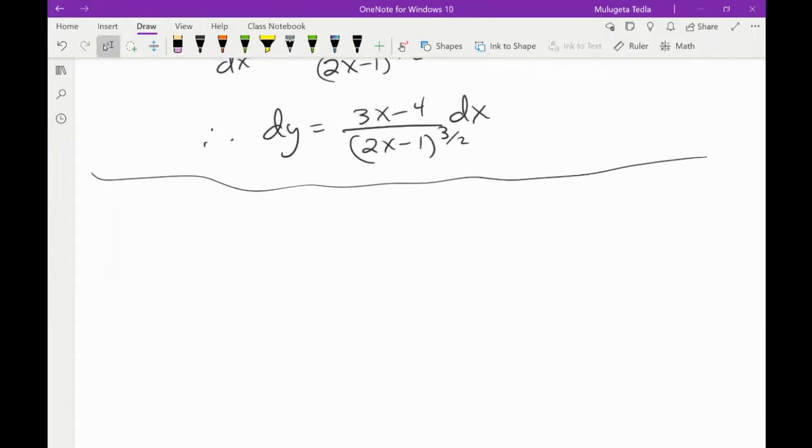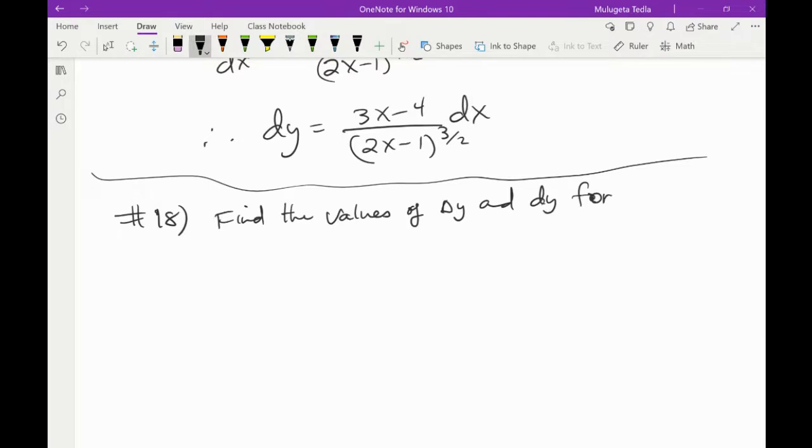And from here down, the questions are changed, like from number 17 and up. They are saying find the values of delta y and dy for the given values of x and delta x.